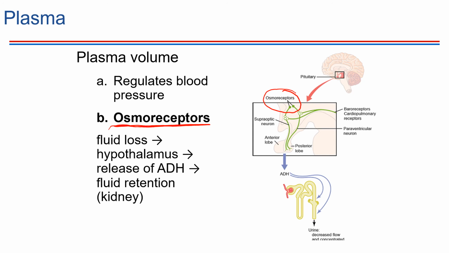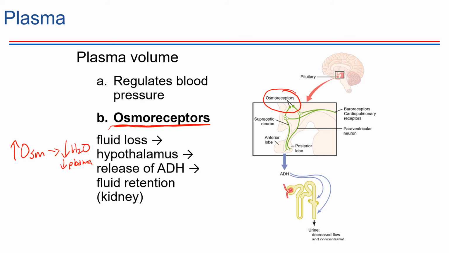And the higher the osmolality, remember, if you have a greater concentration, that also means you have less water or less plasma. It's all going to be in relation to all these red blood cells primarily, because that's making up the other 45% of the blood.